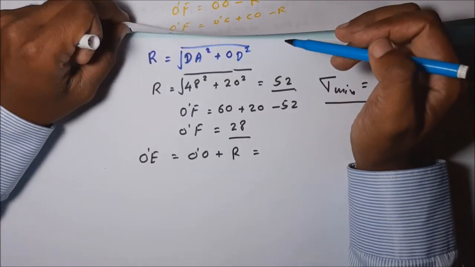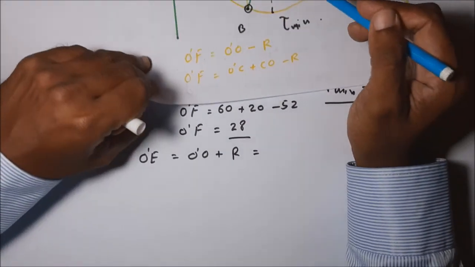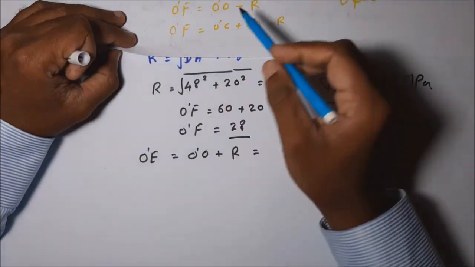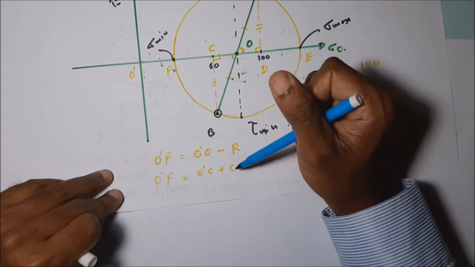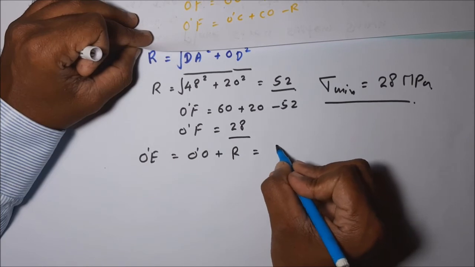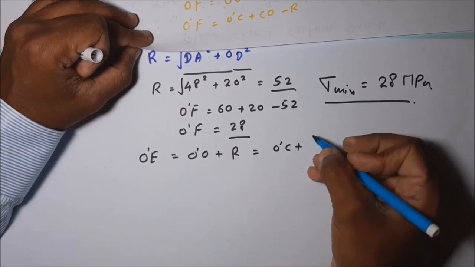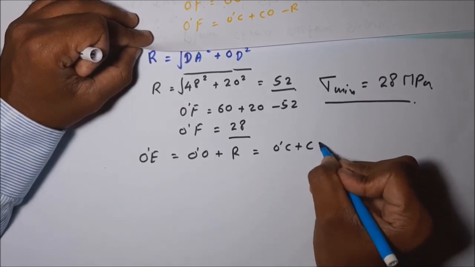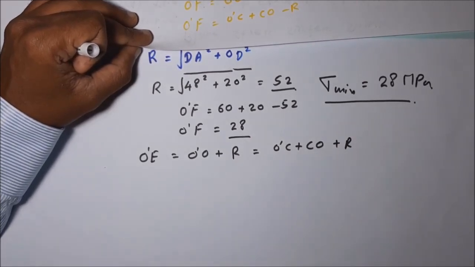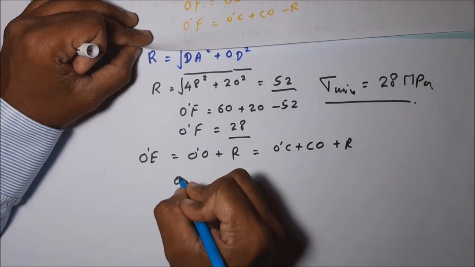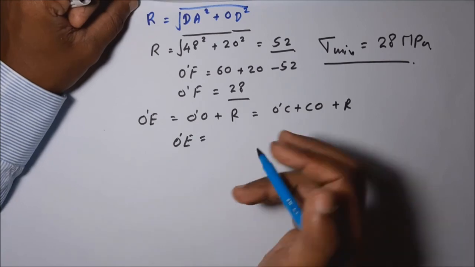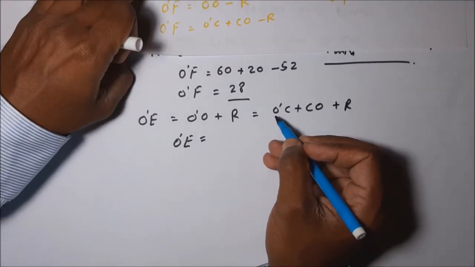O dash O is equal to O dash C plus CO plus R. Okay, then O dash E is equal to O dash C. What is O dash C?